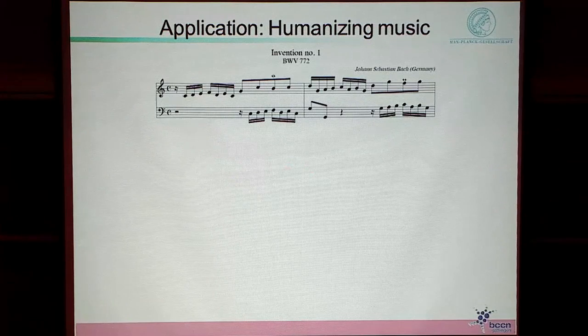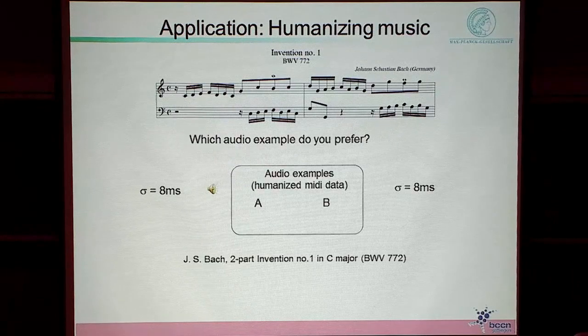So that's for the purpose of hearing these differences more easily. This is invention number 1 with a relatively small standard deviation of 8 milliseconds, so maybe you wouldn't hear the difference. Let me play it to you.